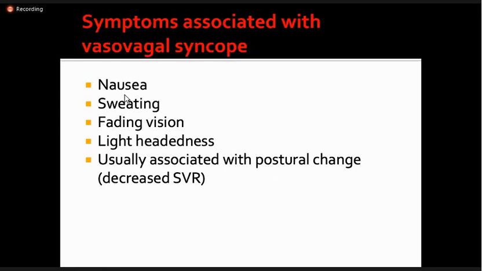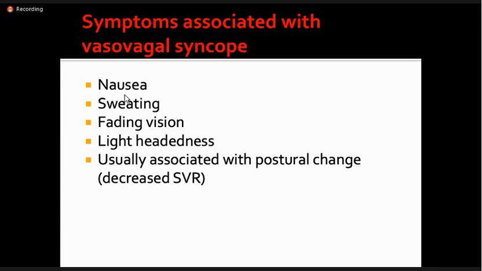It's important to ask the patient to describe the symptoms associated with the syncope. Often there are characteristic features associated with vasovagal syncope. They can have nausea, sweating, some kind of visual disturbances. They may have a feeling of lightheadedness even prior to the actual loss of consciousness.